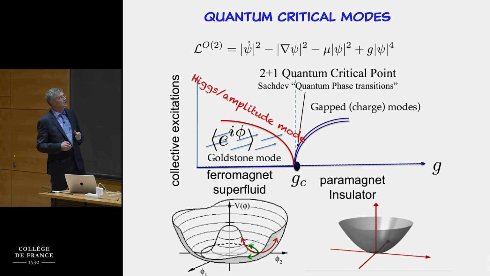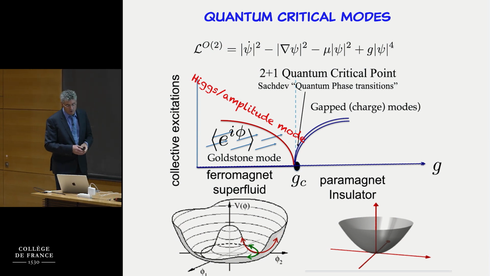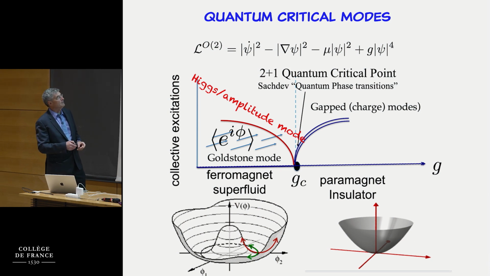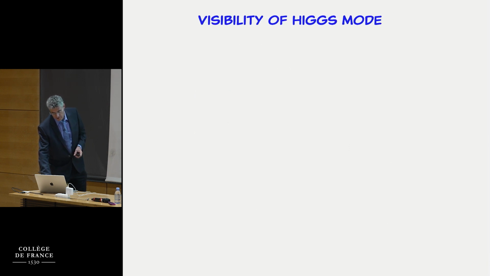You see you have two modes here for the O(2) model, and here you have two modes which are actually the two oscillations on this paraboloid. And these are gapped charge modes. And the question is, of course, can we see them? Is there a way to actually look at these modes experimentally in the superconducting case? So the visibility was an open question, and I'll explain why, because it's actually an interesting development.